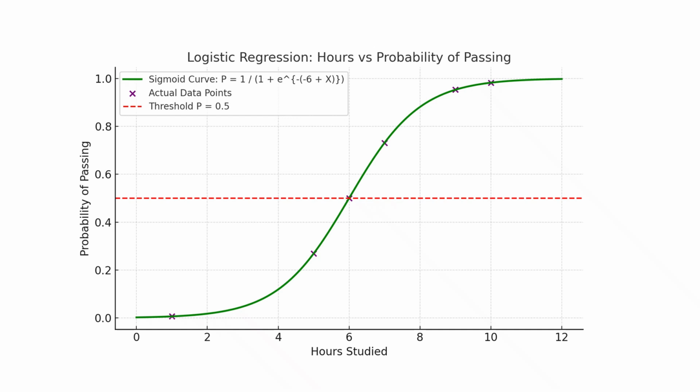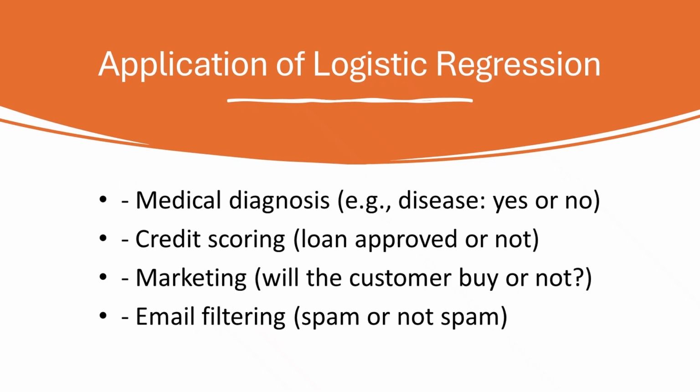You can see the threshold point we are fixing at 0.5, and the actual data points lie on this curve. This is called the logistic regression function with the help of the sigmoid.